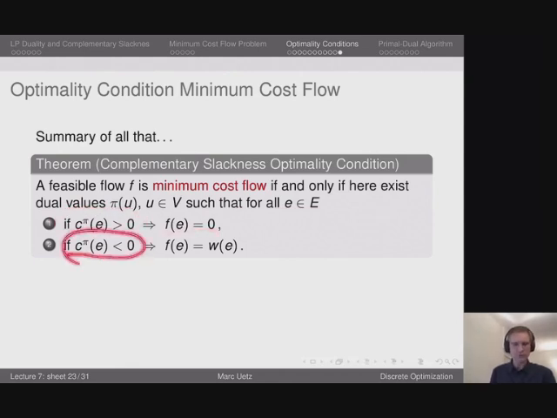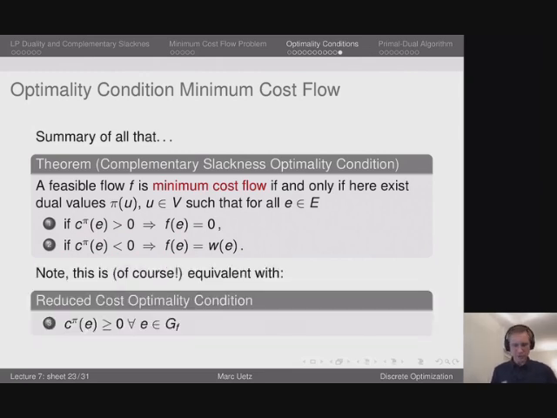If the reduced cost coefficient is smaller than 0, the flow value is equal to the upper capacity. And now, surprise, surprise, this should, of course, be equivalent with our other characterization, which we called reduced cost optimality condition. And that said that the reduced cost should be non-negative in the residual graph.